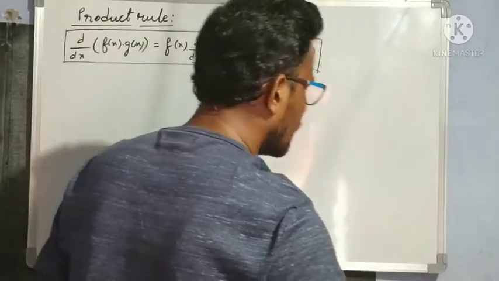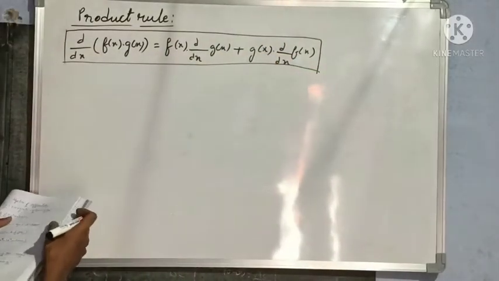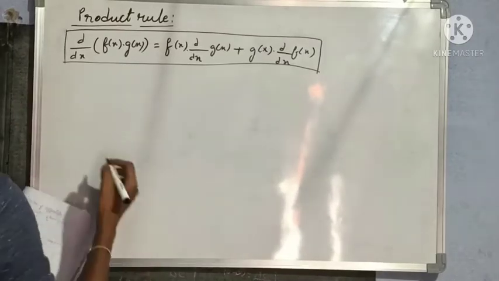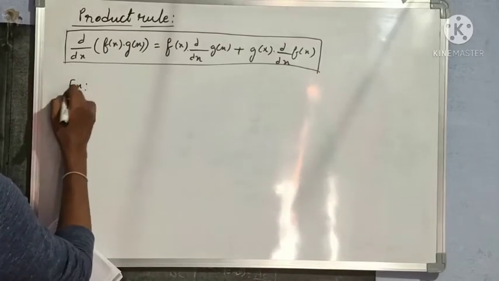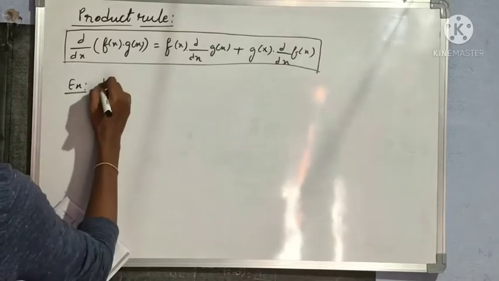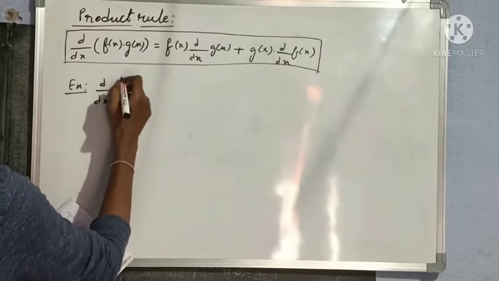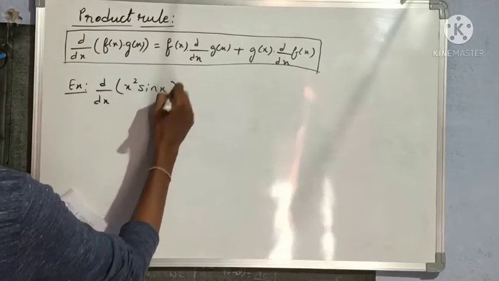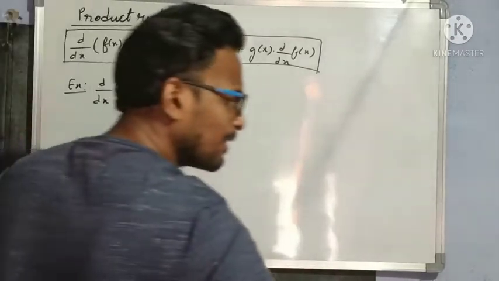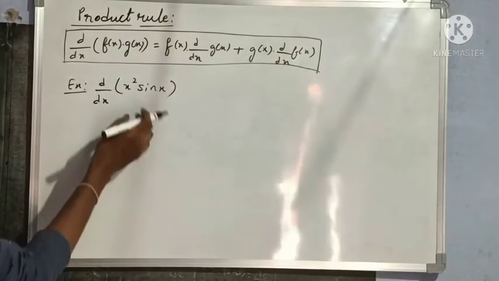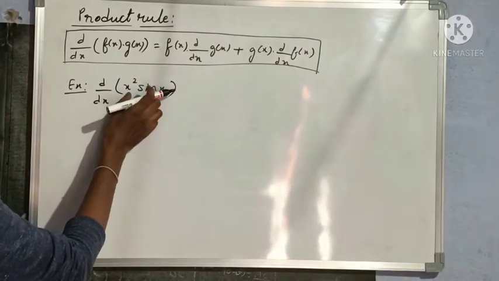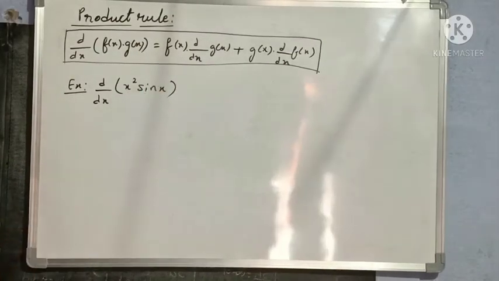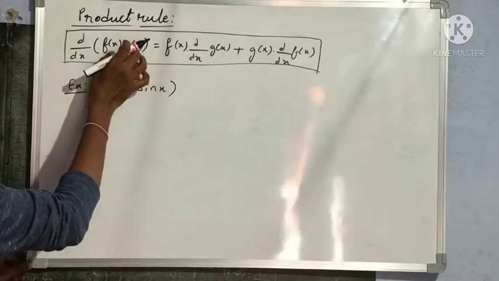Okay, now let us see some examples related to this product rule. Example, d by dx of x square sin x. Okay, so here how many functions are there? Two functions. X square is one function and sin x is the other function. So same formula, d by dx of f of x into g of x.